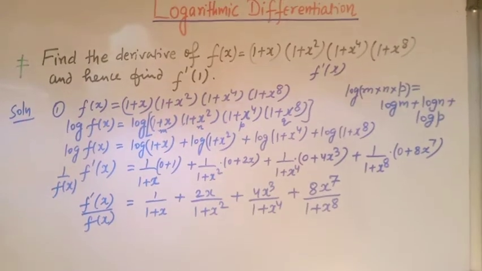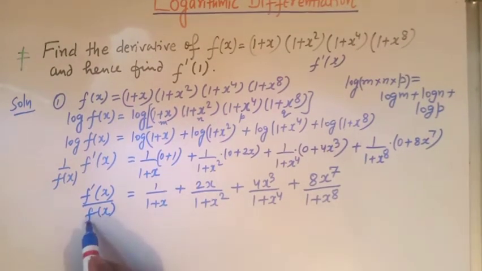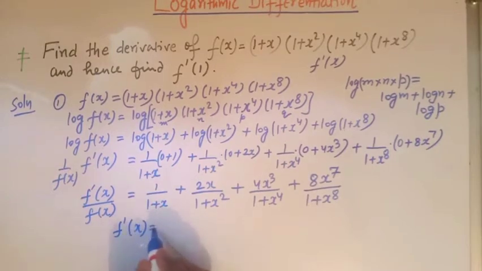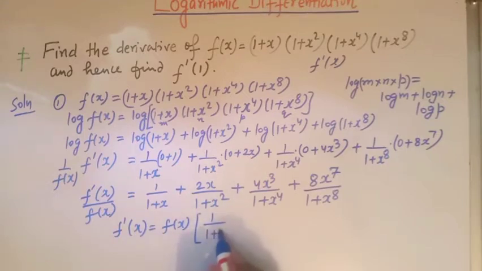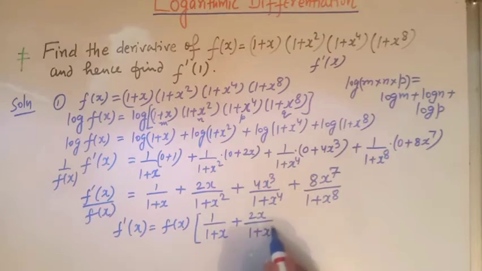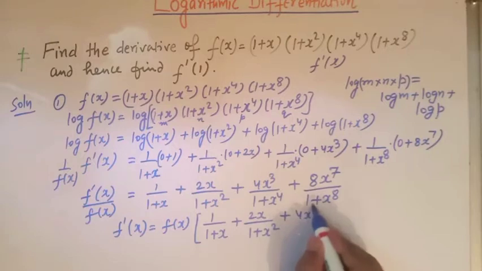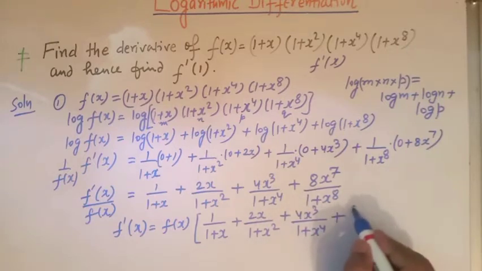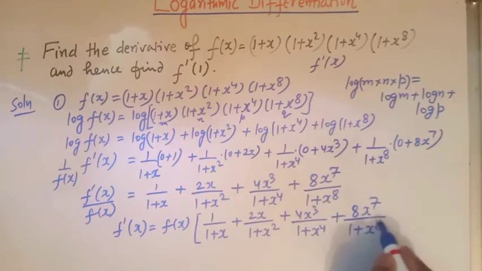Clear? Now we take this f of x to this side, so we have f prime of x is equal to f of x times 1 over 1 plus x plus 2x divided by 1 plus x square plus 4x cube divided by 1 plus x raised to 4 plus 8x raised to 7 divided by 1 plus x raised to 8.